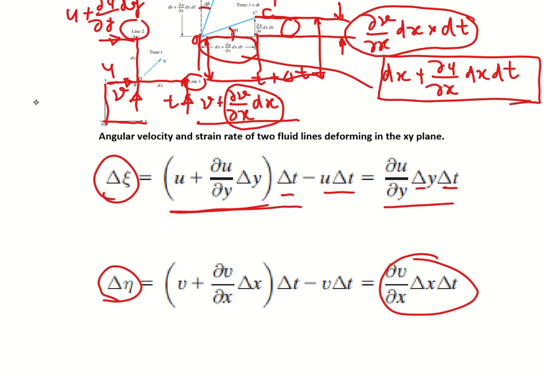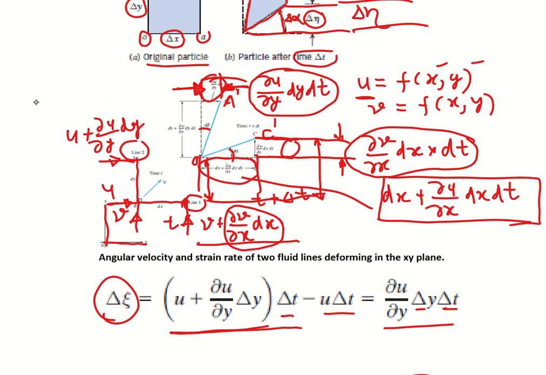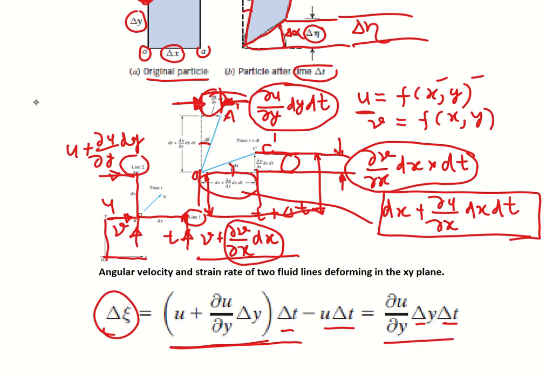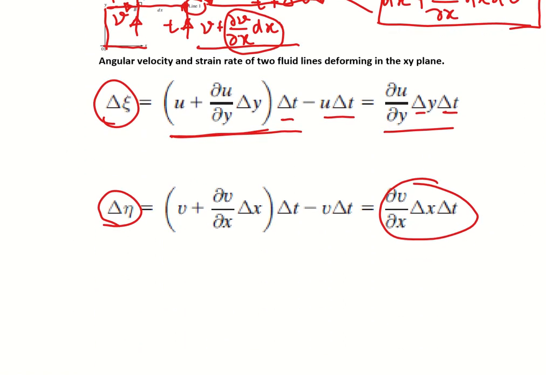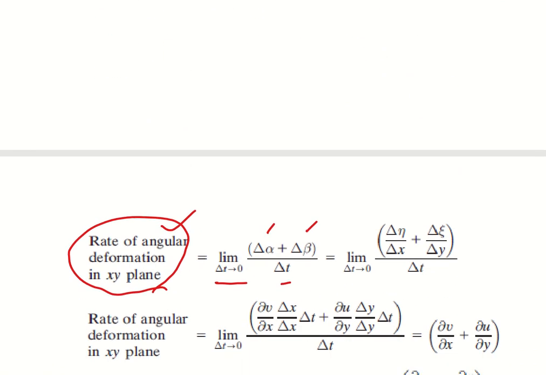For delta beta, we have calculated this distance, so this distance divided by this distance, with some simplification and neglecting the very higher order terms, gives tan of this angle, and since this angle is also very small, tan theta becomes theta. Okay, so based on that, we can write limit delta t tends to 0, and this will become alpha. What is alpha?